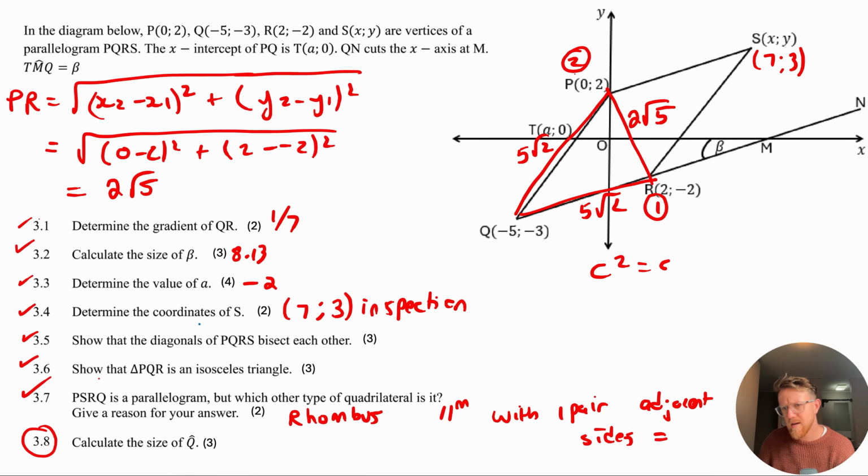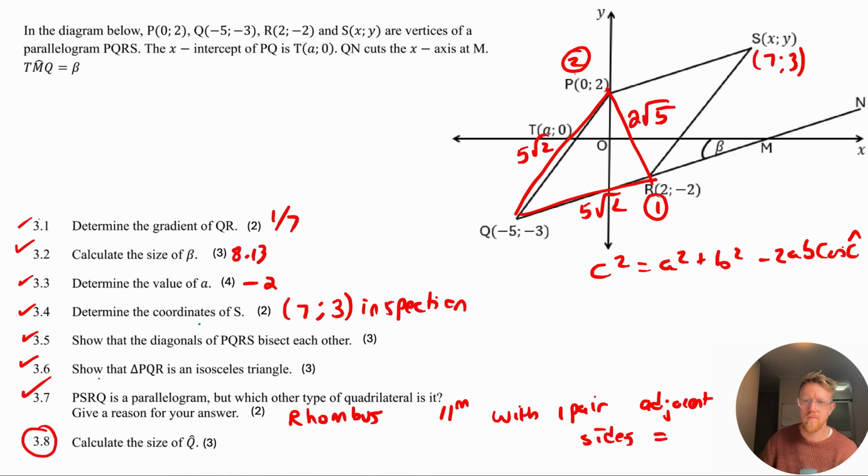C squared equals A squared plus B squared minus 2AB cos C. Now remember, the way that this formula works is this part here is the angle, and this side is the side opposite the angle. So the angle that we are looking for is over here, so the side opposite that is the 2 square root 5. So the 2 square root 5 is going to go there.